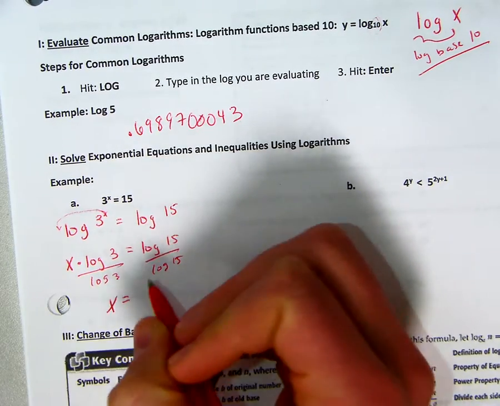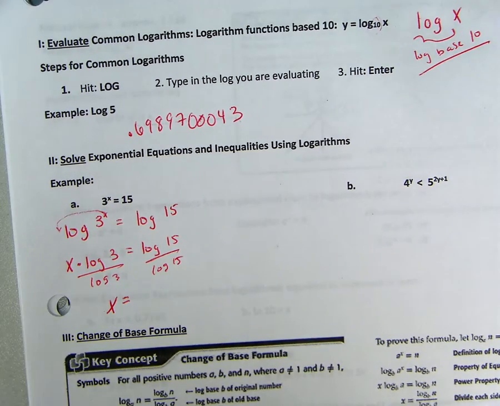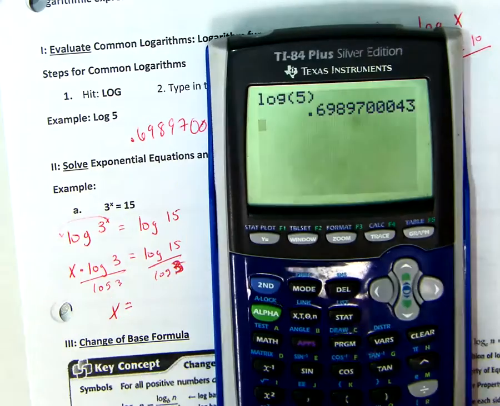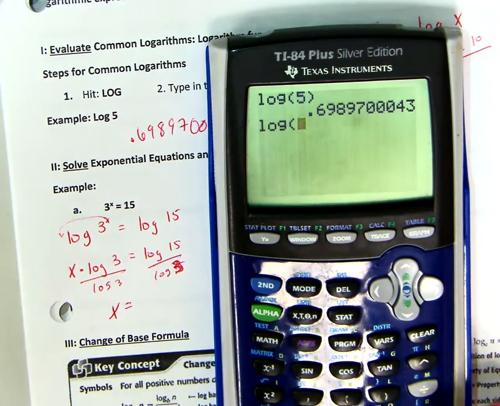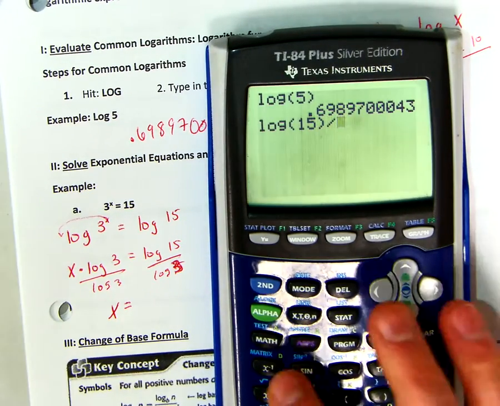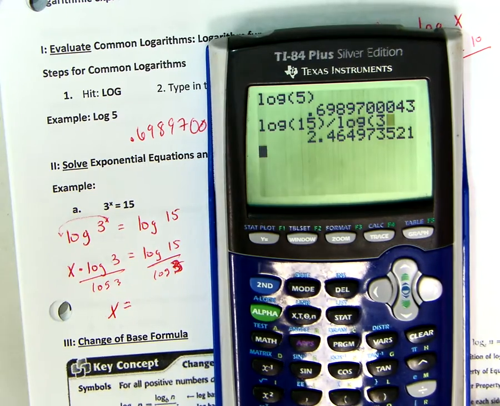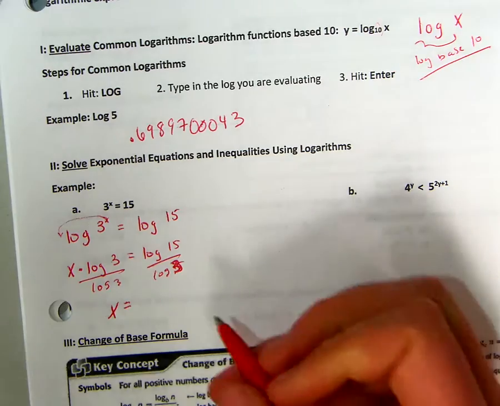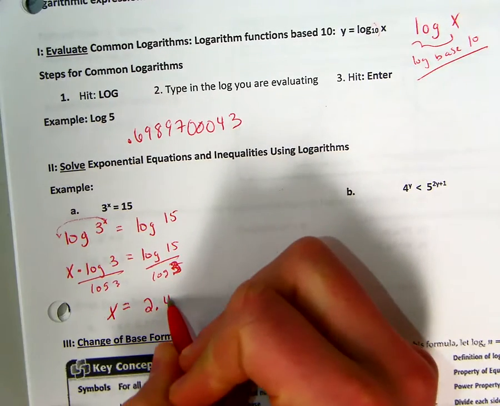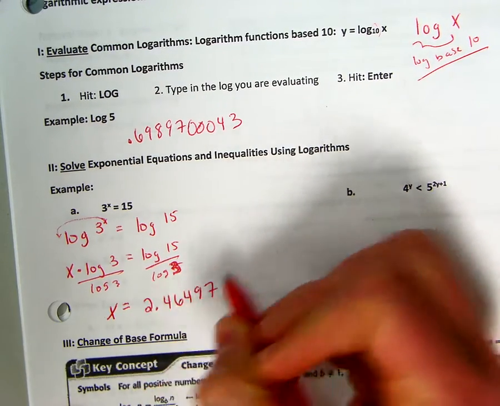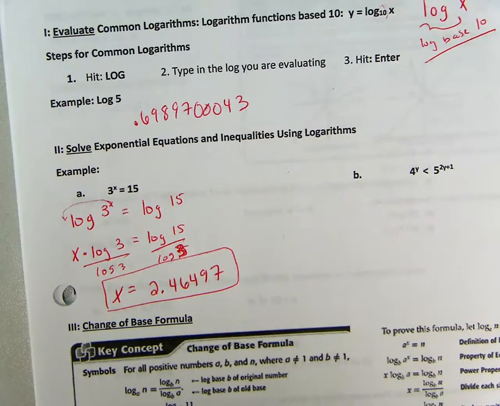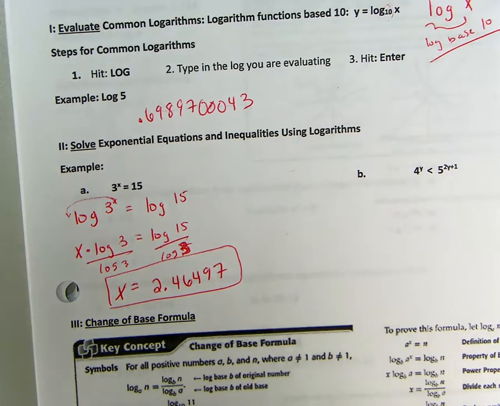So I get x equals log 15 divided by log 3, which is 2.46497. So x equals 2.46497. That's how you solve one of those types of problems.